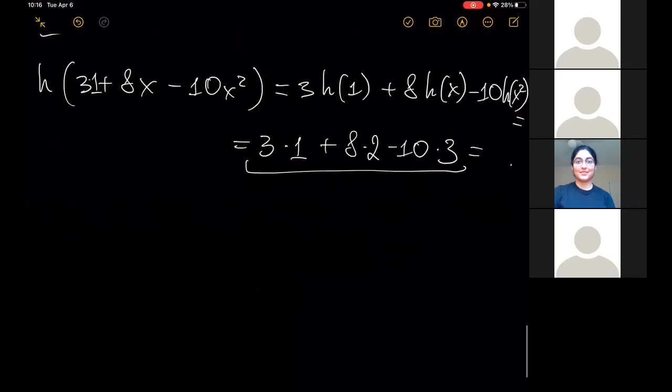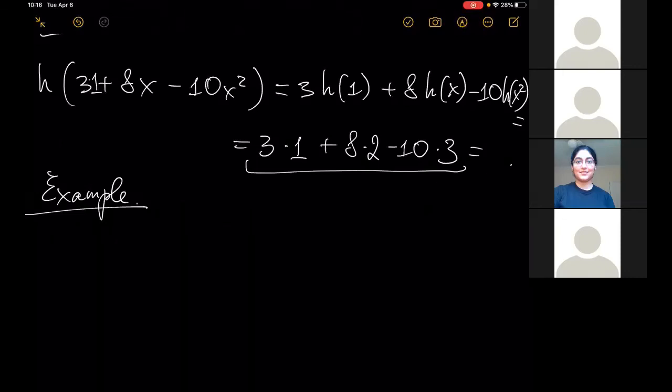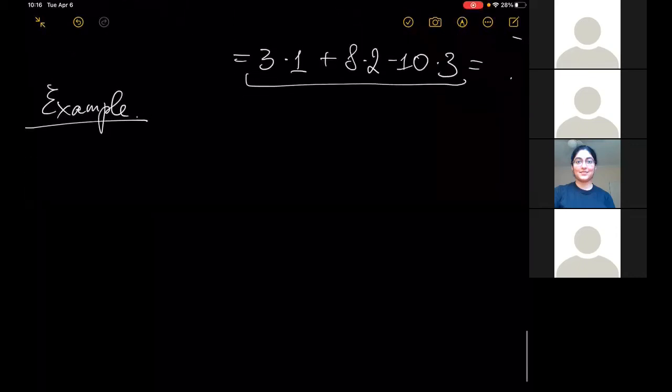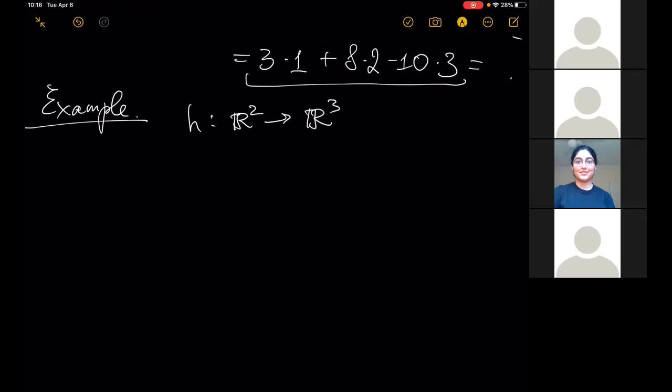I would just like a little bit of clarification on something real quick. Let me do another example first, okay? Maybe it will be easier then. Let us consider the homomorphism from R2 to R3. The basis in R2 is the following: (2, 0), (1, 4).